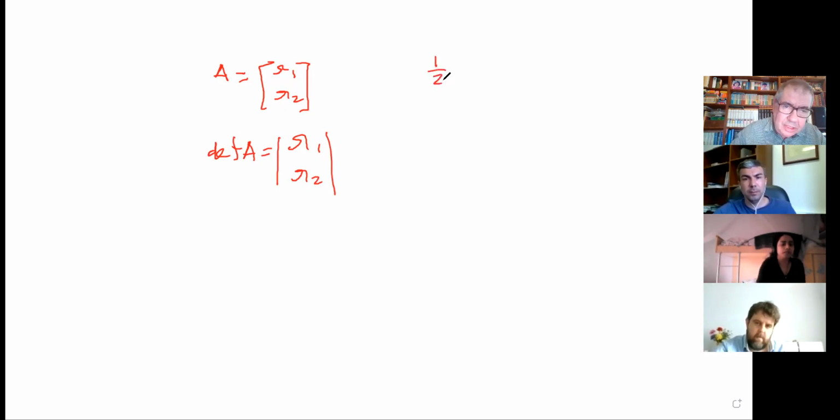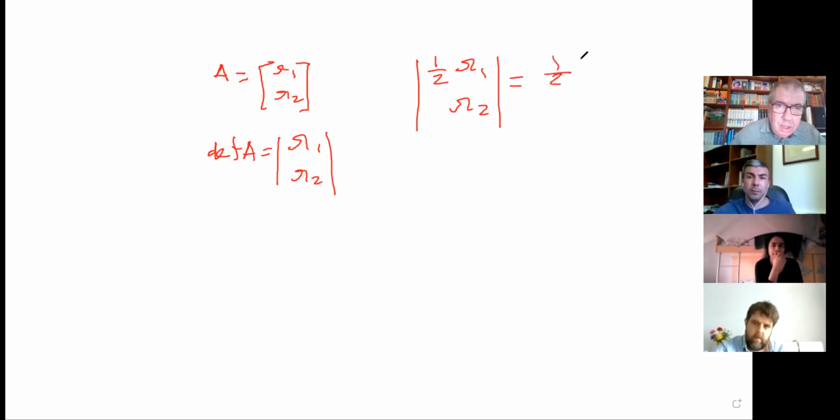So you have another matrix which is not A, it's R1 and R2, and this is 1/2 determinant of R1 and R2, which is 1/2 determinant of A. Right?